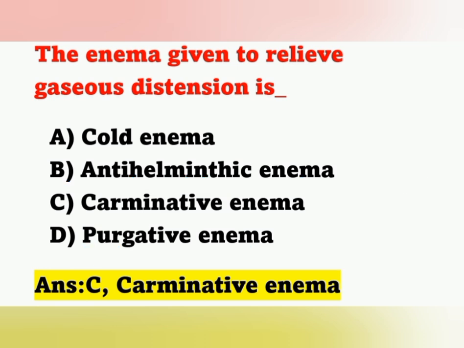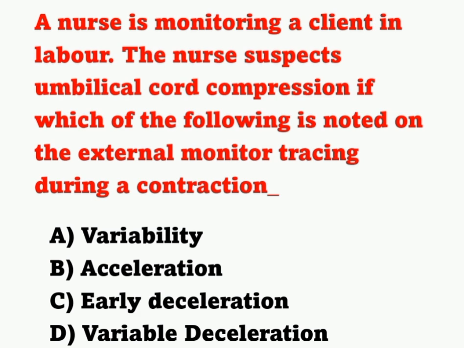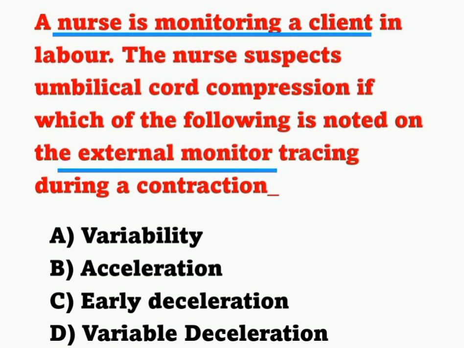Next question, a nurse is monitoring a client in labor. The nurse suspects umbilical cord compression if which of the following is noted on the external monitor tracing during a contraction. Here our question is, a nurse is monitoring a pregnant lady during labor through external monitor tracing.